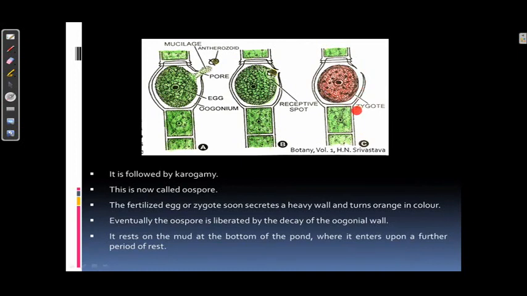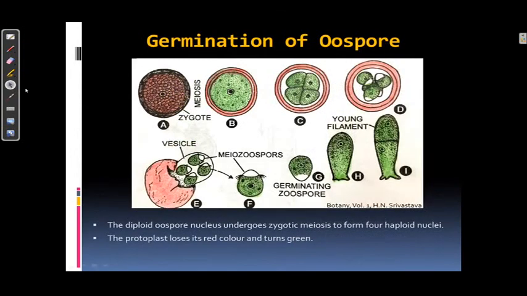Now, by the rupture of the oogonial wall, oospore is liberated, which swims in water and rests at the bottom of the pond for some time. And after that period of rest, it germinates to produce the plant.